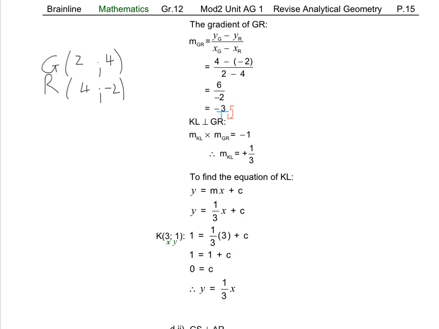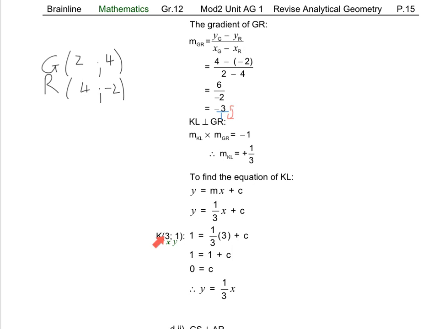Now we can determine the equation of KL using the standard equation of a straight line, y equal to mx plus c, where m is now substituted with the gradient 1 over 3, and then we substitute the midpoint, which is on that perpendicular line, in order to solve c.